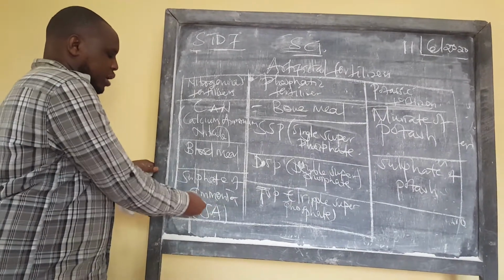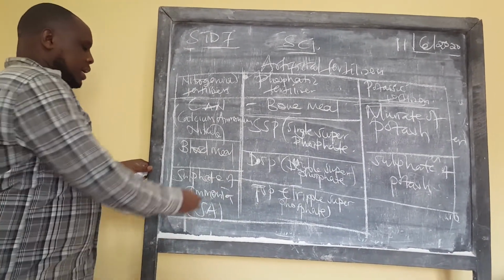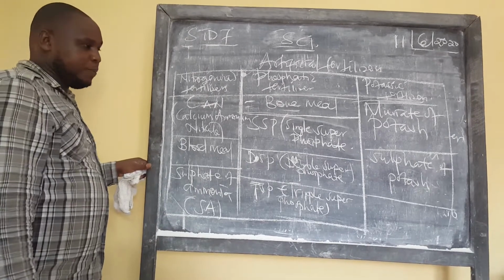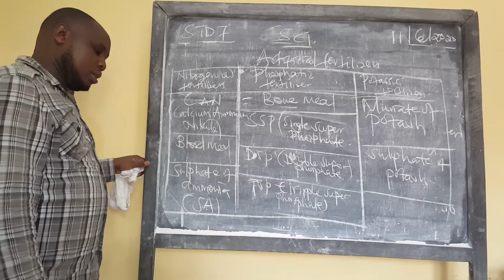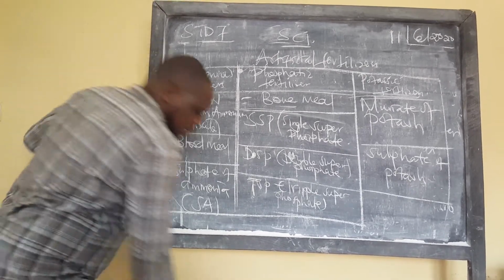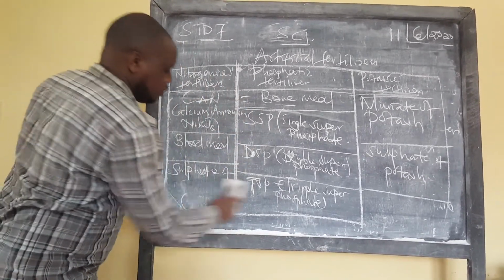Remember, you have sulfate of ammonia and sulfate of potash. Sulfate of ammonia is a nitrogen fertilizer, and sulfate of potash is a potassic fertilizer.